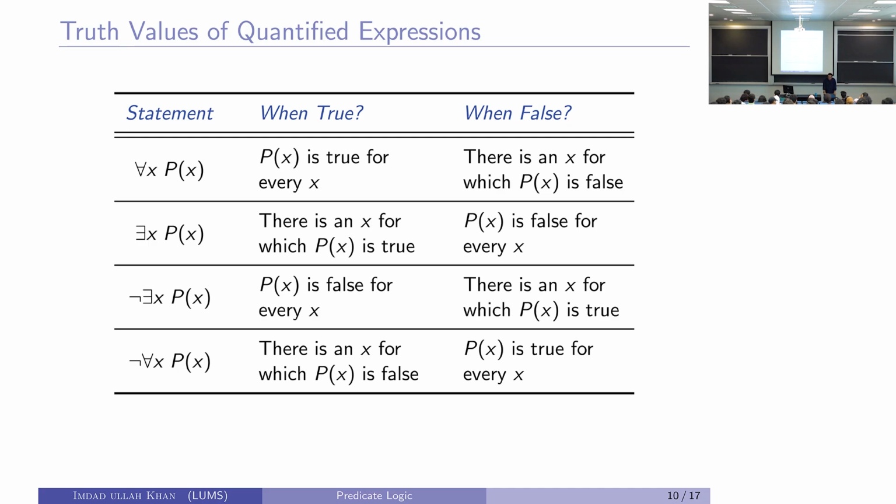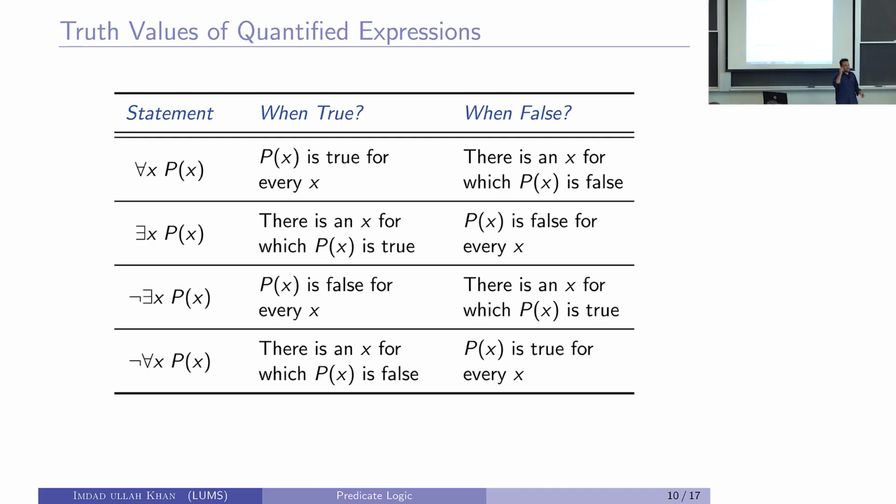And when is "not there exists x, p of x" false? When there is an x for which p of x is true. This one says there does not exist a single x for which p is true. This statement will be false when there does exist an x for which p is true, right?